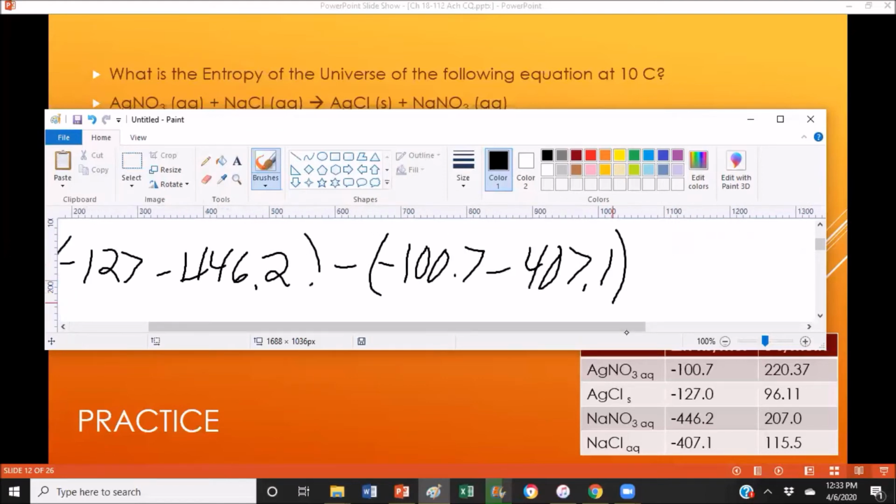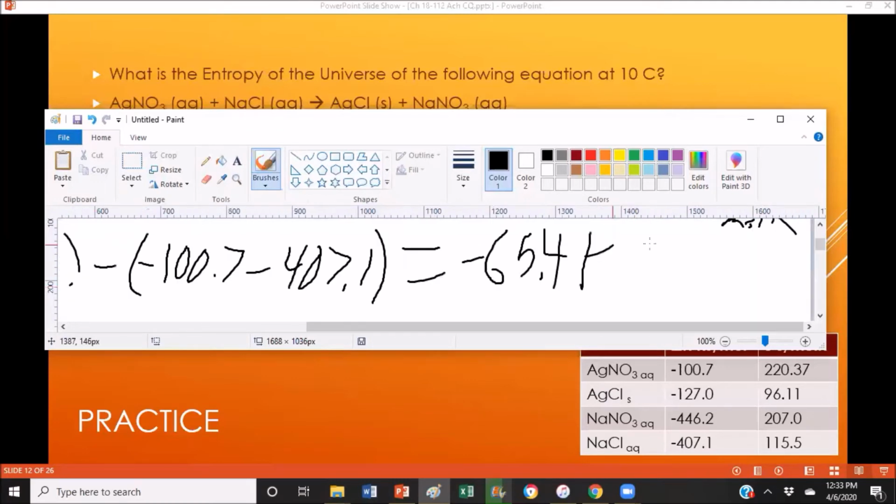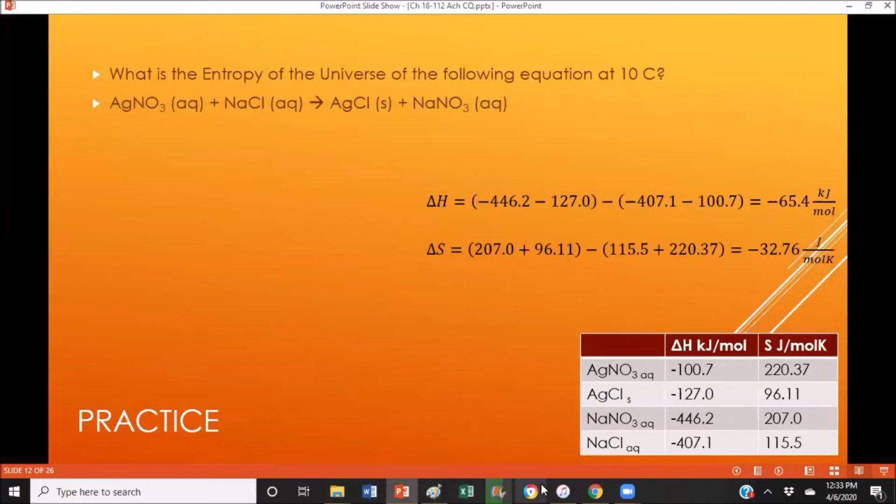So negative 127, negative 446.2, minus a negative, so it's plus a positive, 100.7 and 407.1. So the net effect is negative 65.4 kilojoules per mole. Note this is kilojoules, not joules.